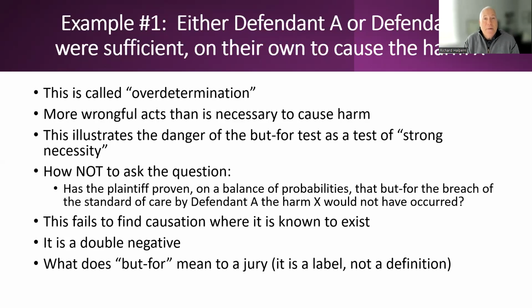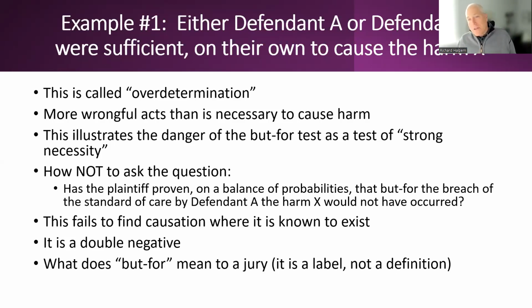And this is an example of where it can't always be. So I think that Clements did us a disservice by not qualifying the involvement of necessity. So these cases are called overdetermination cases. In other words, there's more than enough power in any one of these two fires to cause the loss. There's more destructive power than you needed to cause the loss.